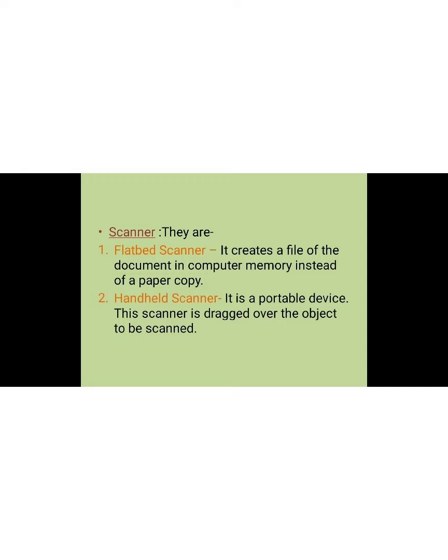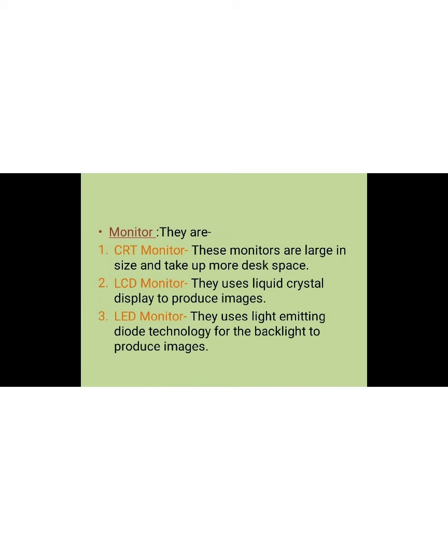Move to scanner. We have 2 types of scanners. First, flatbed scanner. It creates a file of the document in computer memory instead of a paper copy. Second, handheld scanner. It is a portable device. This scanner is dragged over the object to be scanned. Monitor.